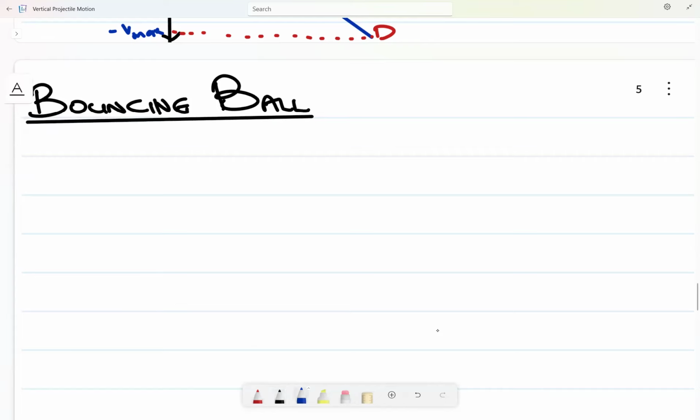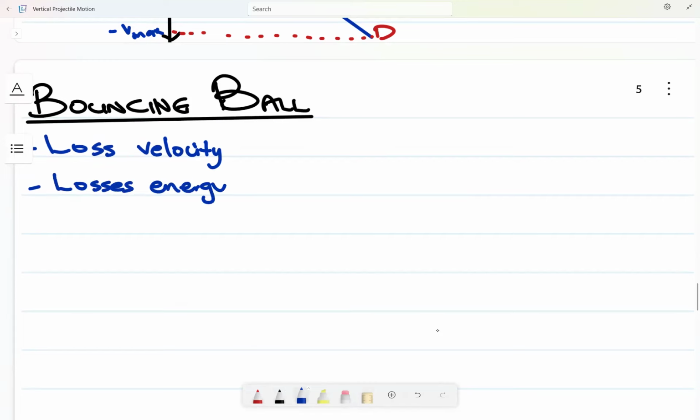As the ball bounces, before you draw, it loses velocity. It also loses energy.